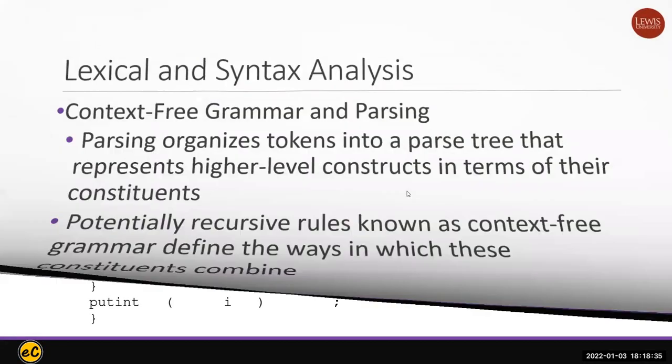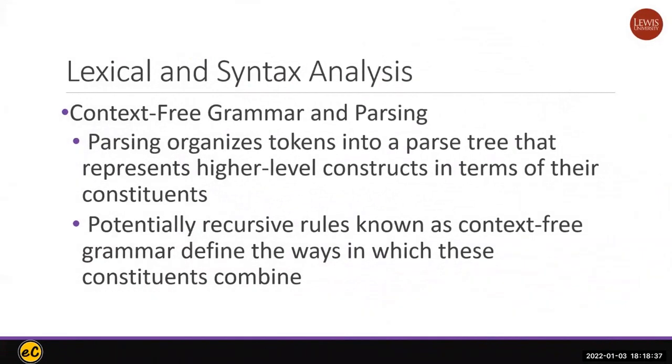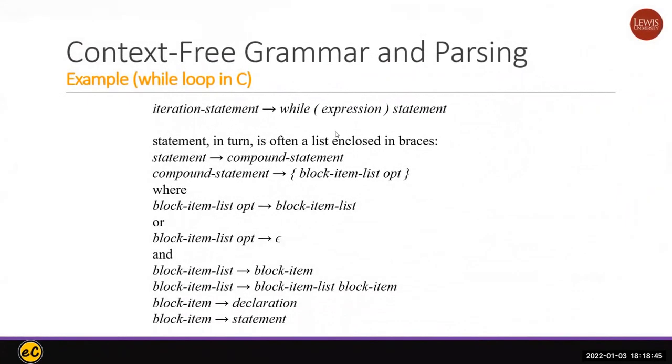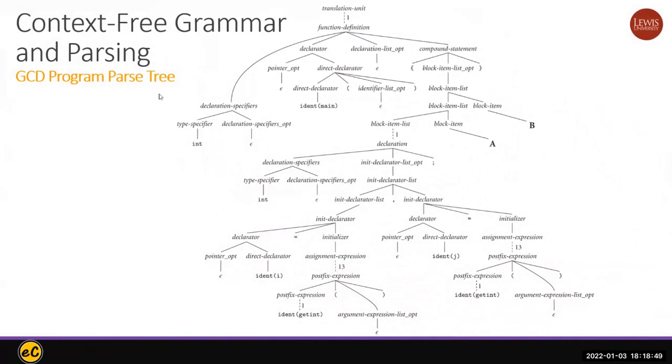And then after that, we use the context-free grammar to verify it and build the so-called syntax tree. Based on the grammar, we build the GCD code into the parsing tree or syntax tree like this.